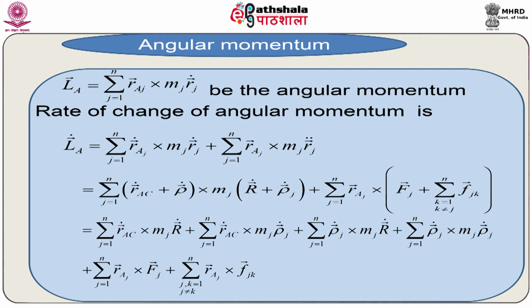Now, we put the value of this term and this term, also this term and this term, from the figure using the vector triangle law, and we get this result. Taking the product and splitting all the terms, these terms can be written explicitly here.